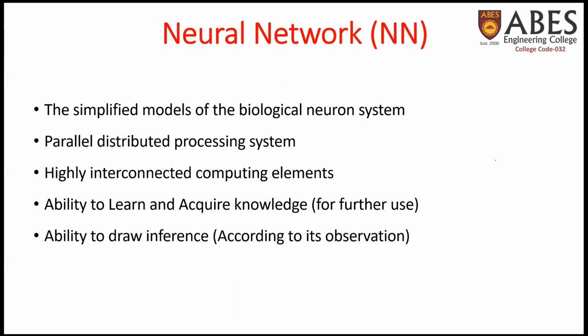Neural network also refers to the learning, processing, training and the ability to solve problems using the knowledge acquired as inference according to its observation. Inference means that if we derive from A tends to B, then B tends to C, we can infer knowledge that A tends to C. So neural networks have the ability to draw these sorts of inferences according to their observation.